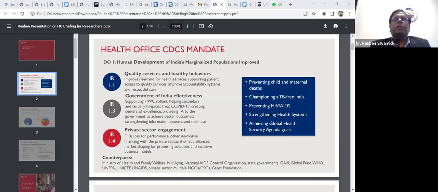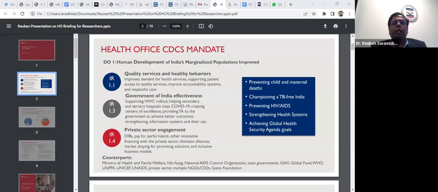The way we function, by and large, is that we engage with the government. We try to understand through interaction with them what their challenges or gaps are, and where they think we can come in and provide support that will help move the needle for them. Remember, our monies are very small, so we cannot substitute what the government is doing, and we don't want to do that.